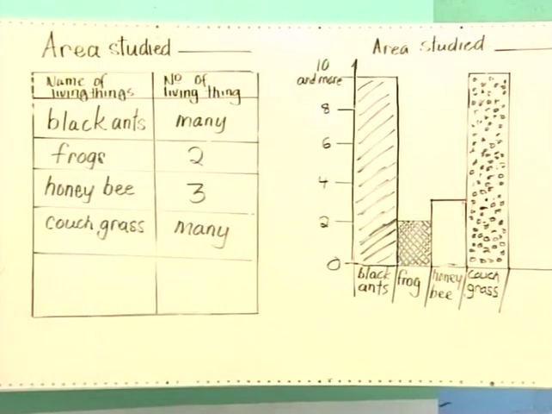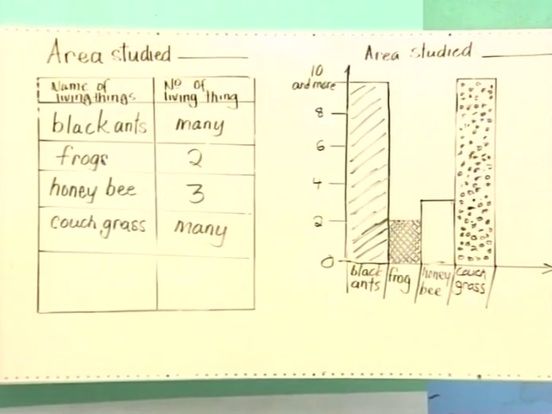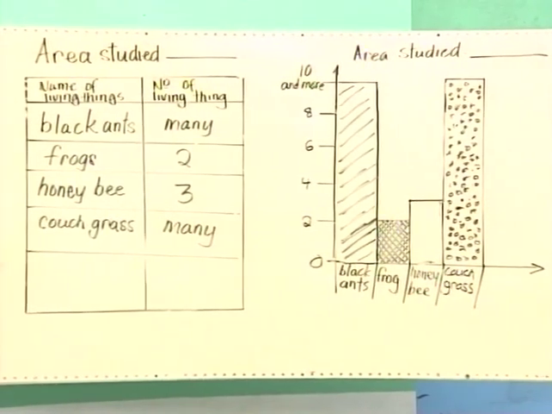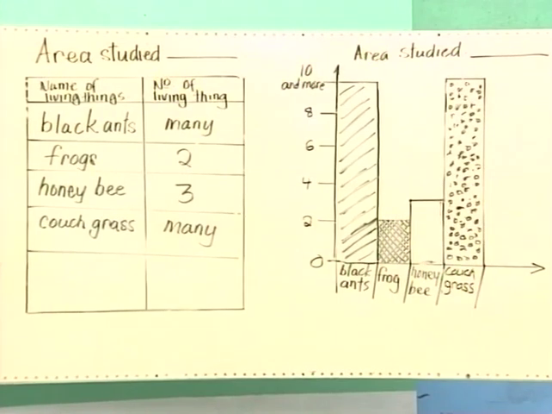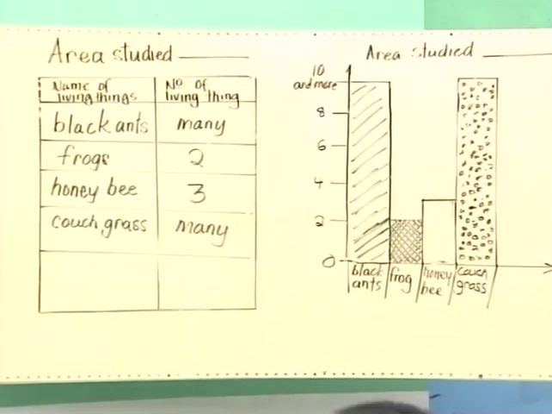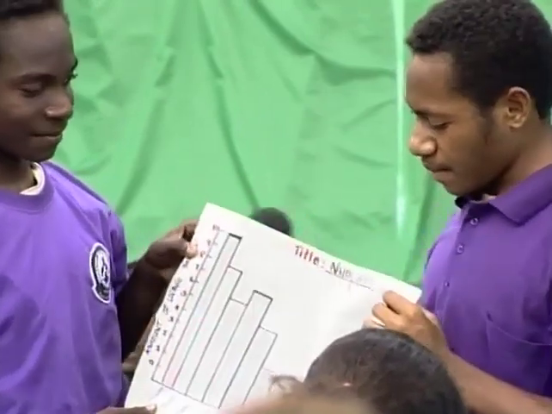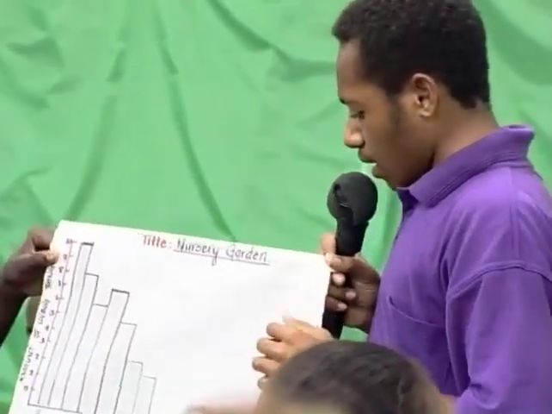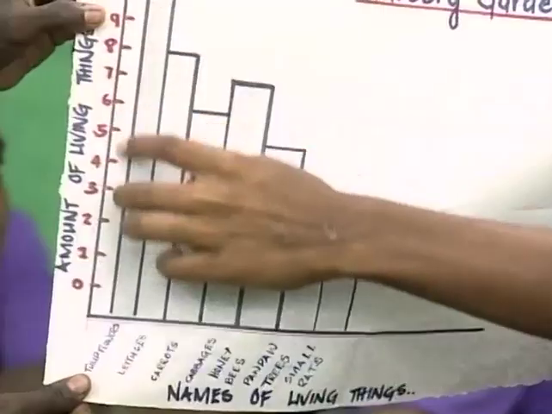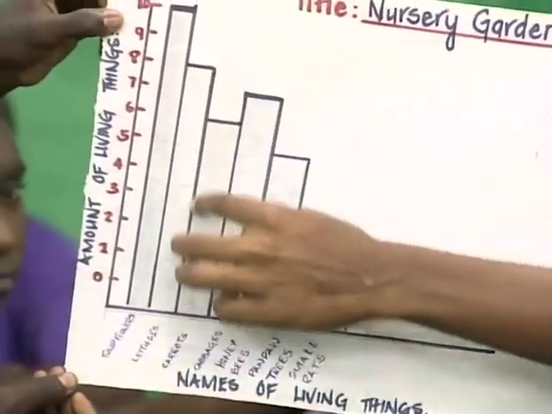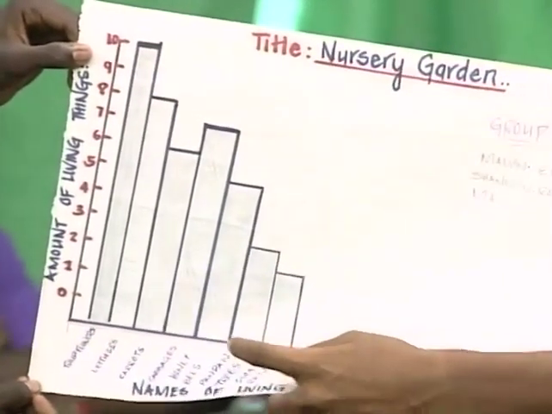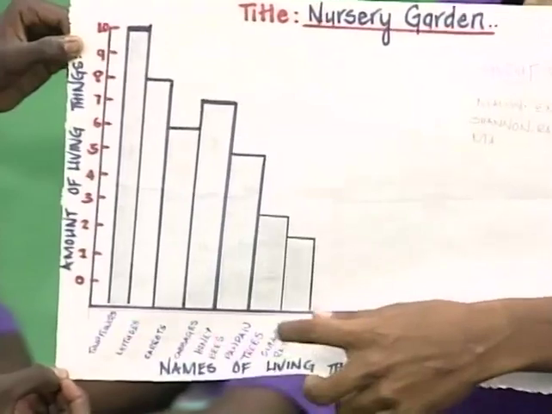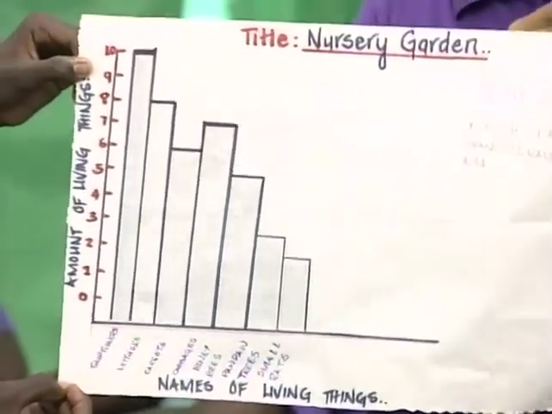So for those groups who have finished, can someone in the group hold it up and explain your group work in one sentence? The area that we studied was the nursery garden down there, and this is the amount of living things that we studied, and this was the name of the living things that we gathered in our books.